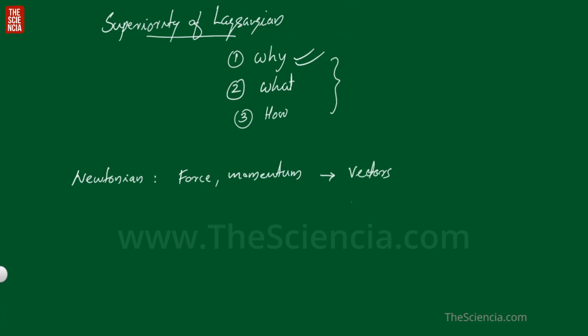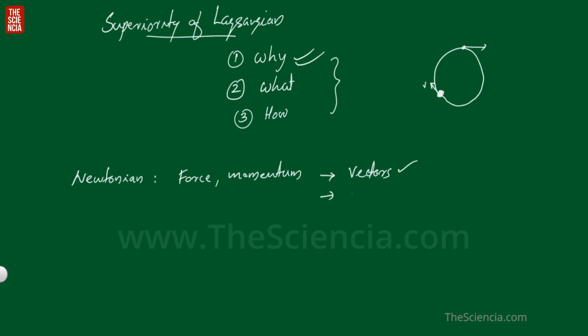In Newtonian mechanics we deal with vector quantities, therefore it increases the complexity of the problem. Suppose a bead is moving on a ring: at one position its velocity vector will be in one direction, and at another position in another direction. Even if the magnitude is the same, its direction is constantly changing. So it is difficult to deal with vector quantities.